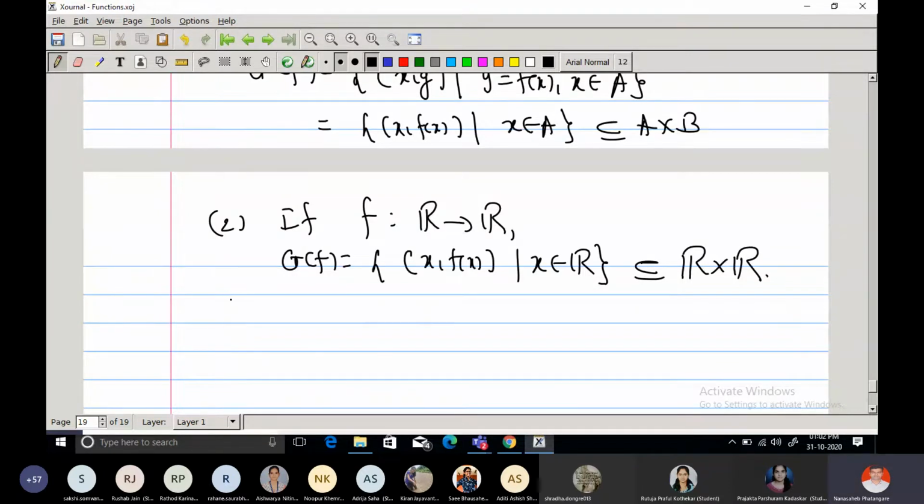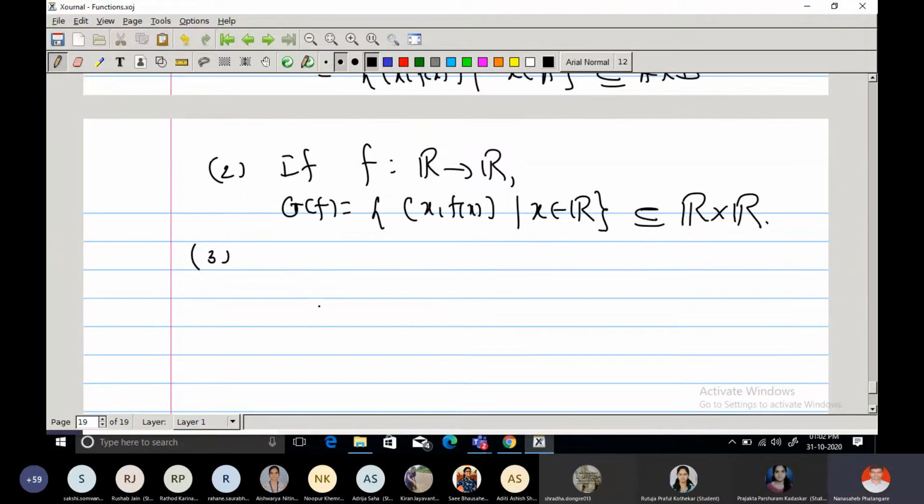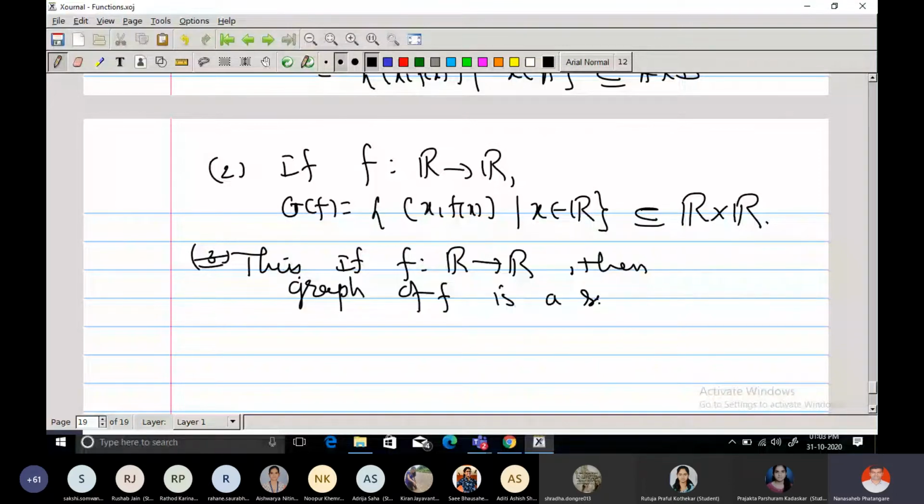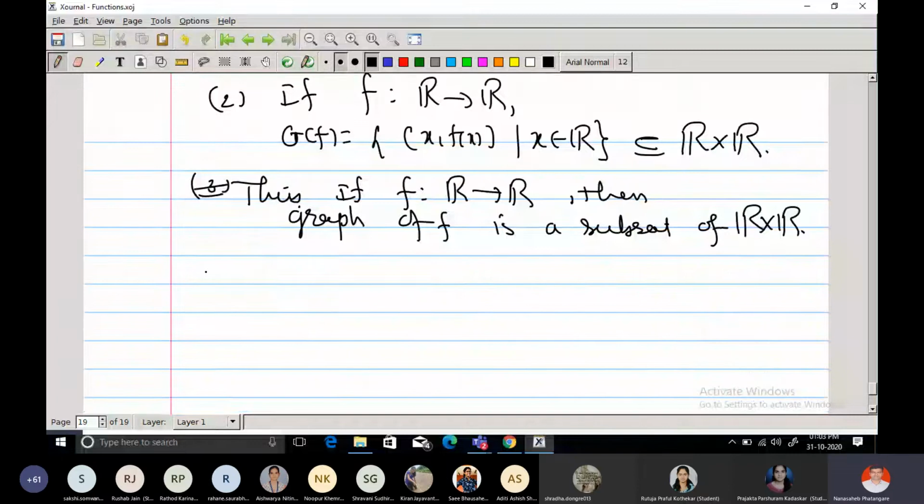Thus, what is the conclusion? If f is a function from R to R, then the graph of f is a subset of R cross R. Right.